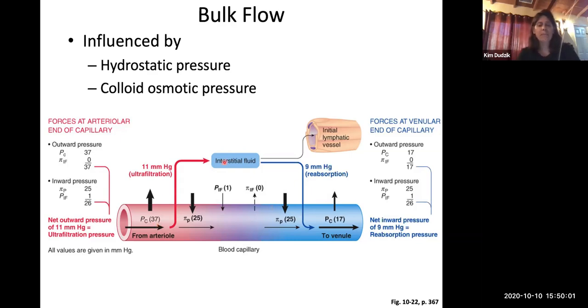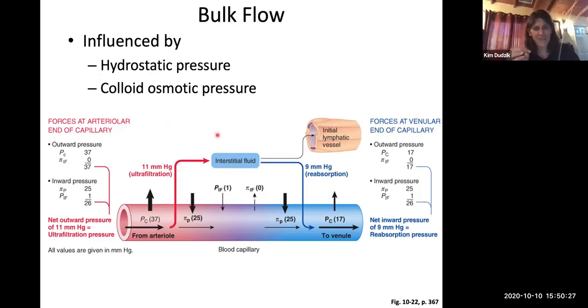Okay. There is fluid in the interstitial space. There's fluid out there and that presses from the outside in. So that wants to move inward. So that's P sub IF, the pressure of the interstitial fluid. Okay, then there's colloid osmotic pressure.